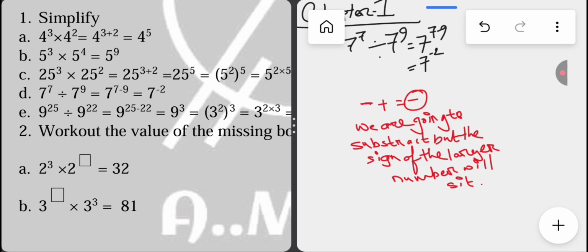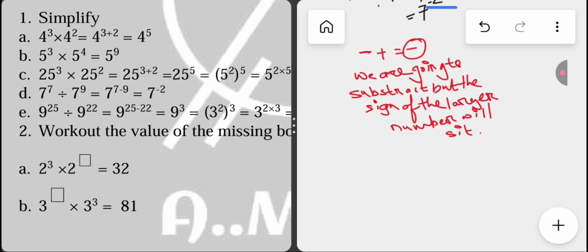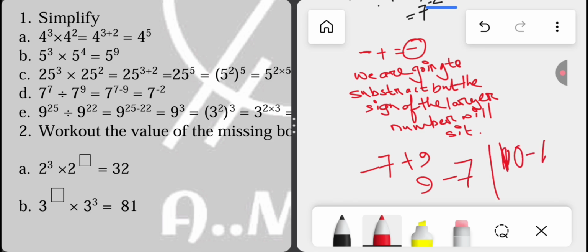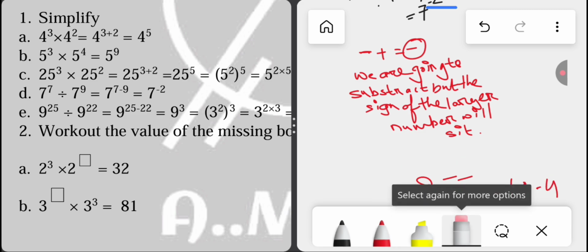Let me zoom out and see here, there is a sign, right? Minus 7 plus 9 or 9 minus 7 or 10 minus 5, 10 minus 4, etc. There is always a sign, right? Minus plus is equals to minus, we are going to subtract, but the sign of the larger number will sit.